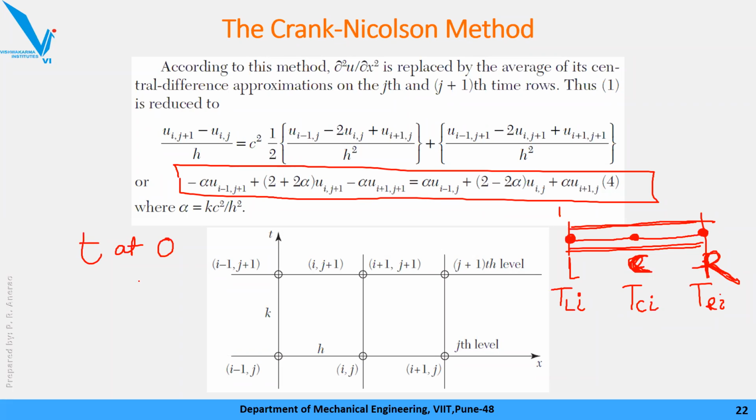Then we are going to spend 2 days. After 2 days, we are again going to compute, or predict, the temperature. Now that temperature will obviously be different from today's temperature. So again there will be T of the left hand side after 2 days, central after 2 days, and right hand side after 2 days.